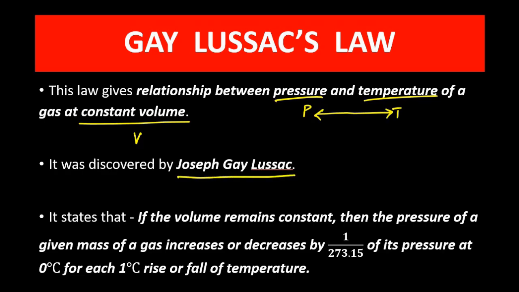So the statement of Gay-Lussac's law is that if the volume is constant, the pressure of a given mass of gas increases or decreases by 1 by 273.15 of its pressure at 0 degrees Celsius for every 1 degree Celsius rise or fall of temperature.